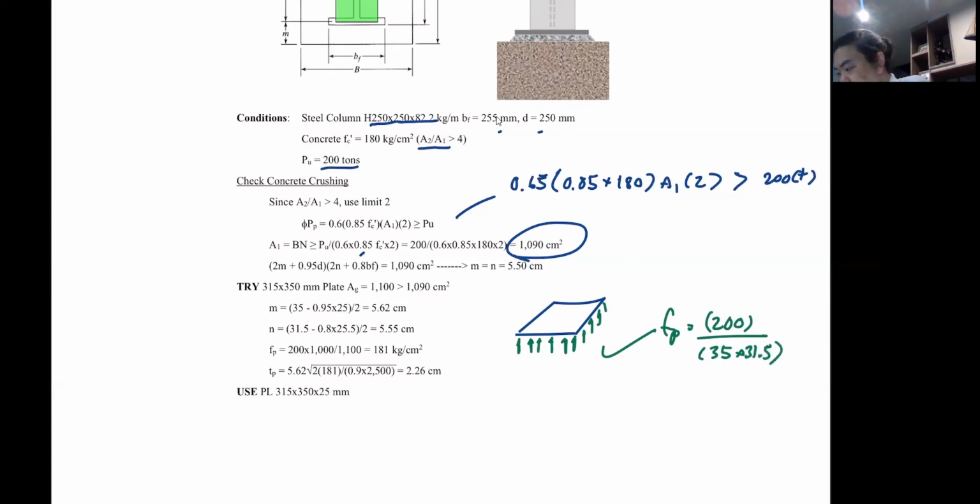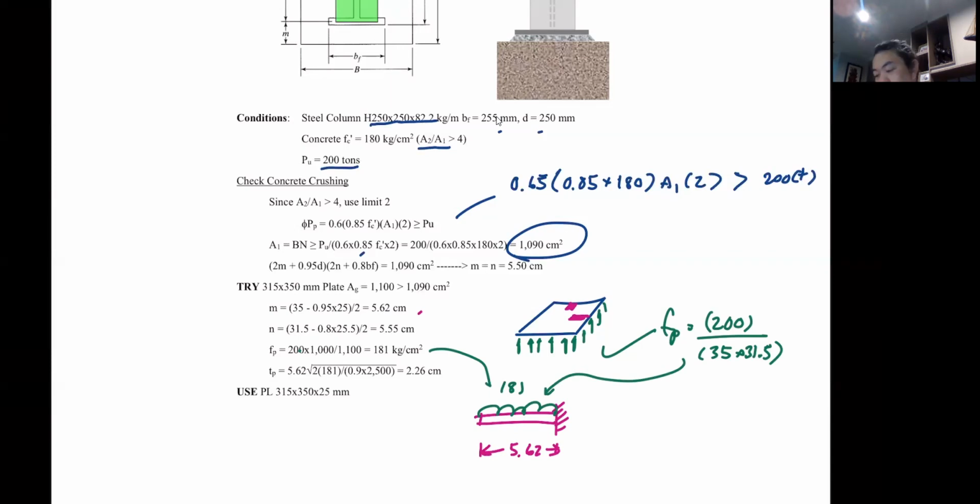Now you have the two strips of cantilever beam, one in here and one in there. You choose the one with the longer length, which is 5.62 here. Now you have a cantilever beam of 5.62, and the stress becomes a uniform load acting on it, which is here 181, 200 tons divided by that area.